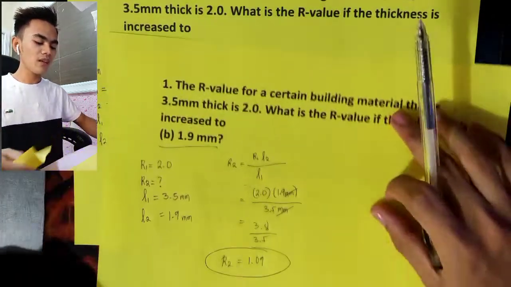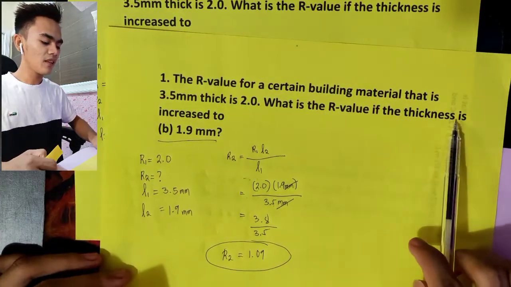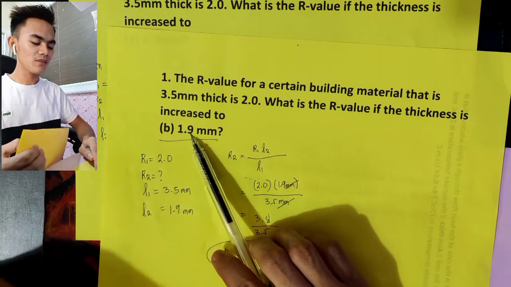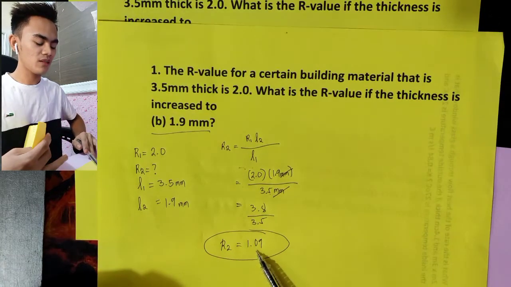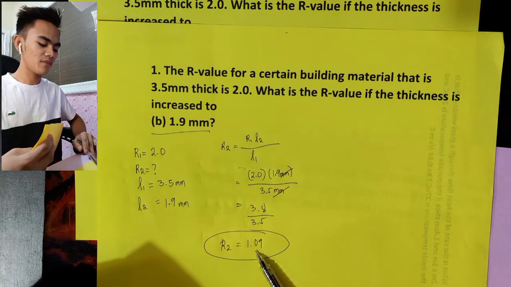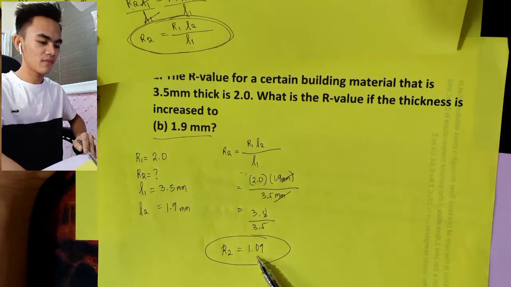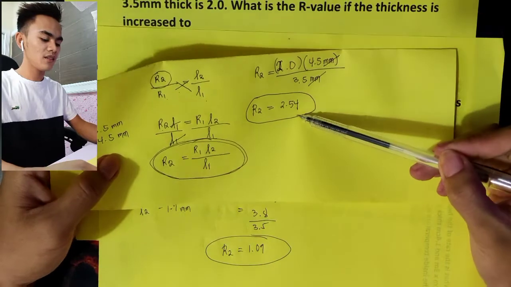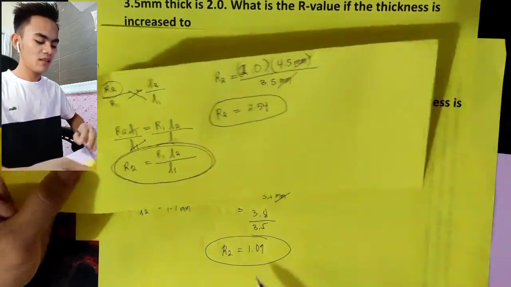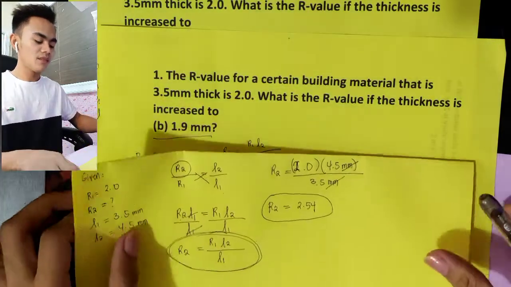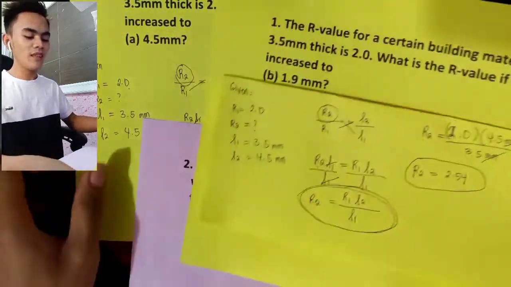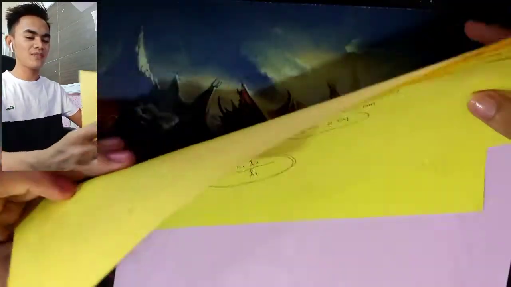For letter B, as the thickness decreases to 1.9 mm, the R2 decreases to 1.09. So this is our first answer, and this is our second answer, letter B. That's it for number 1. Then let's move on to number 2.